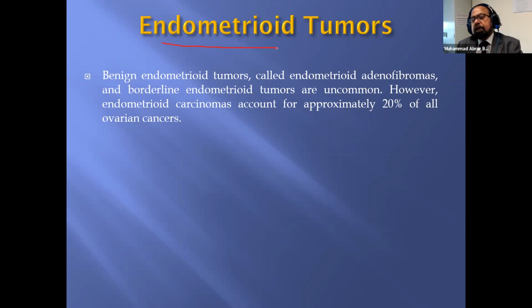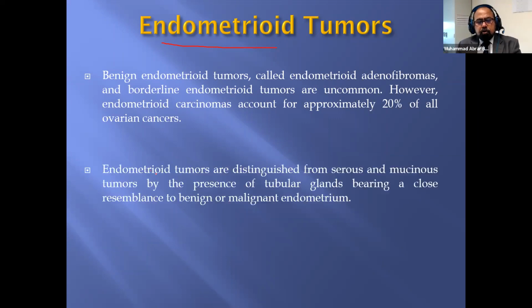Because the tumor cells look like endometrial cells. Like epithelioid: if you remember my lecture in POD, epithelioid cells are macrophages that look like epithelium. This endometrioid tumor means the tumor is just looking like endometrium.